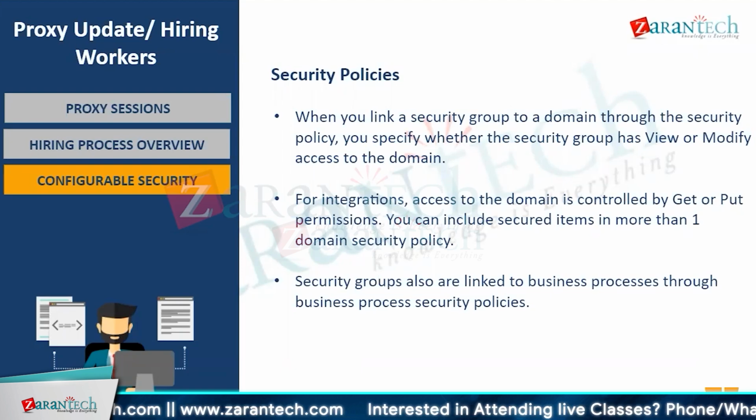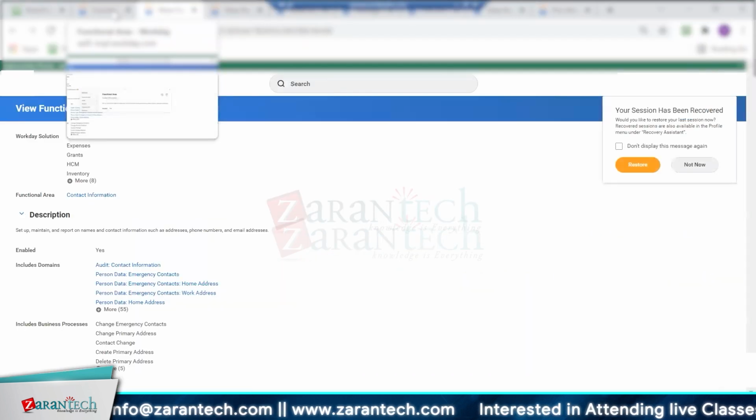And then view or modify: you could have view to just see the information, and modify, Sriram, like the question you were asking, could be to create, edit, or update the information, but it's all controlled by the tasks that are part of that domain, right? And if you have modify access, you will automatically have view access.